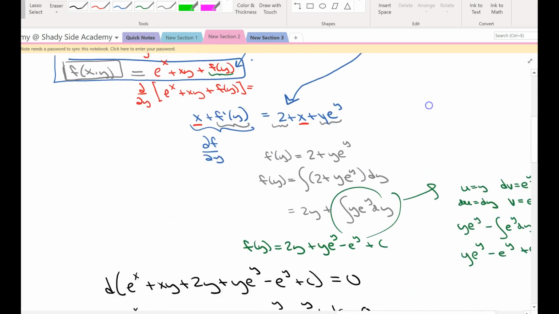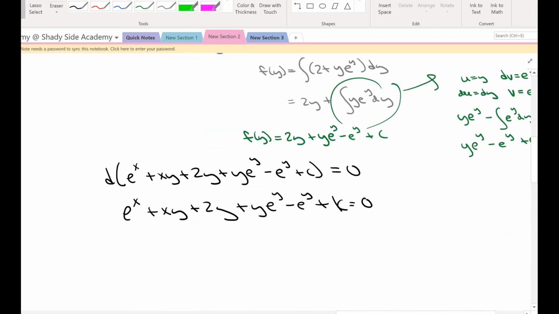Oh my goodness. y of 0 equals 1. Okay, so if y of 0 equals 1, then let's plug in x for 0 and y for 1. So this becomes 1 plus 0 plus 2 plus, is that 1? Minus e plus k equals 0. So what does k equal?